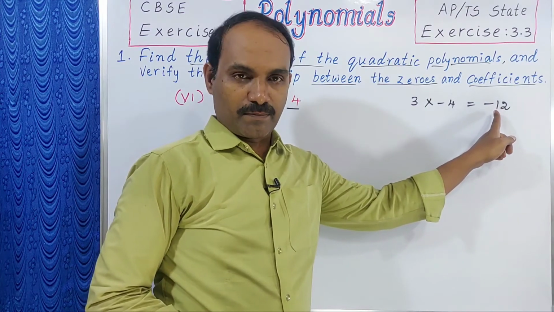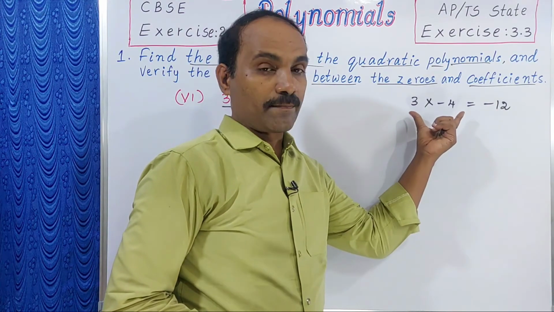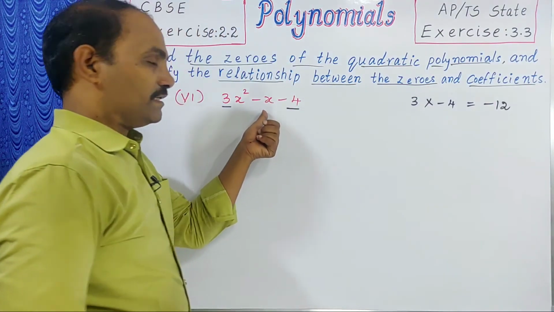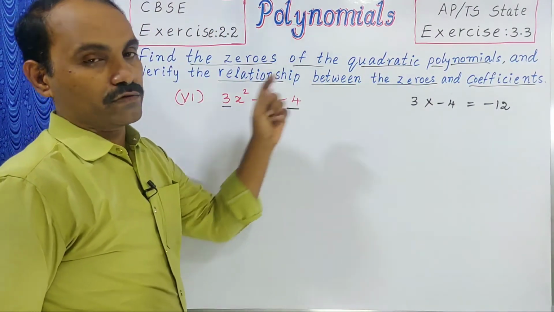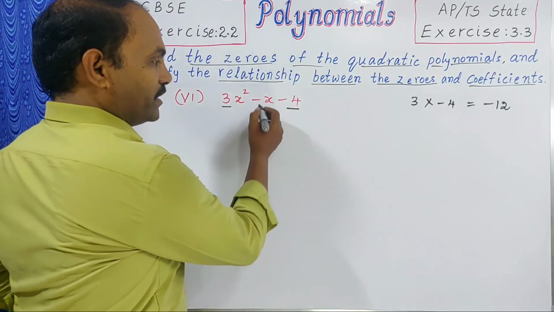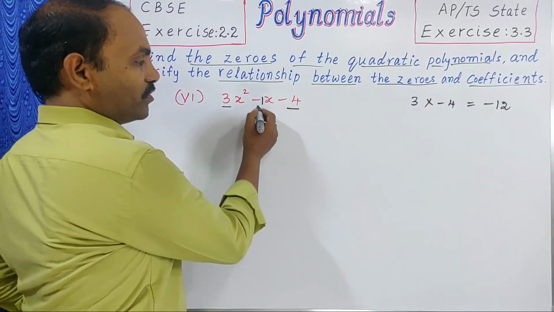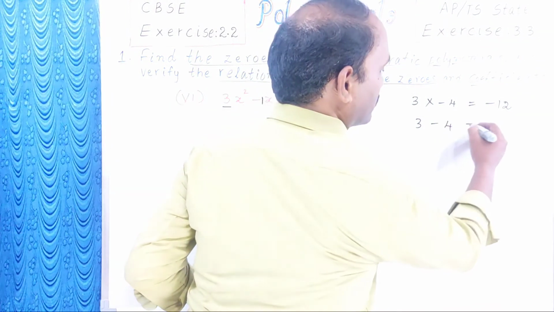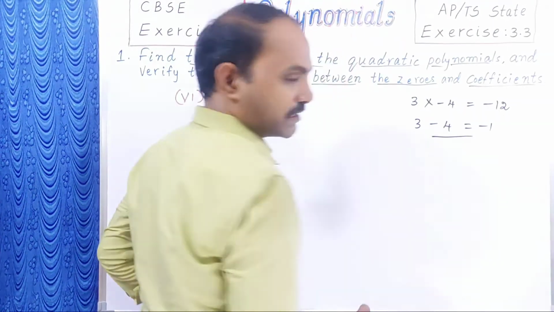Minus came here in the product, that's why we should subtract these factors. When we get the middle term, then we take that pair. Here nothing means 1 is there, so we want minus 1. Let us check: 3 minus 4 is minus 1. Directly we got that value.